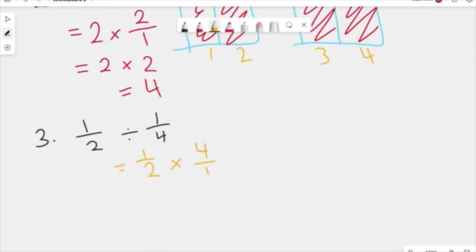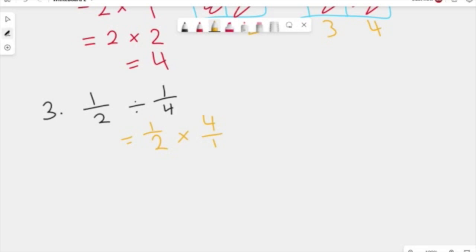And from our multiplication of fractions video that we did previously, we established a one-size-fits-all procedure for computing these. We multiplied our numerators and we multiplied our denominators. So here we get 1 times 4, which is 4, divided by 2 times 1, which is 2. 4 divided by 2 gives us 2.